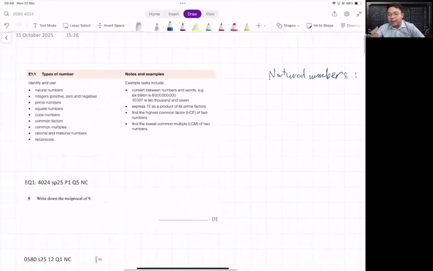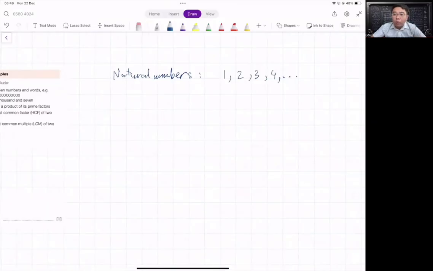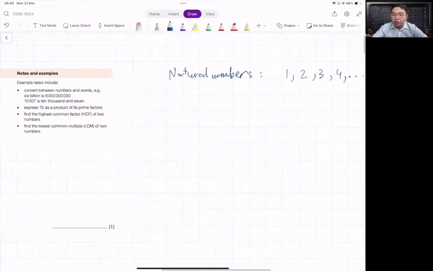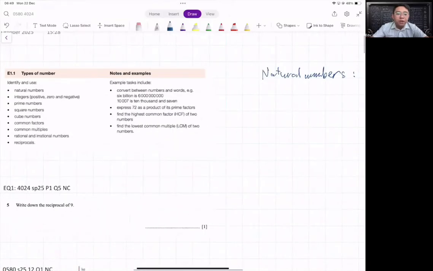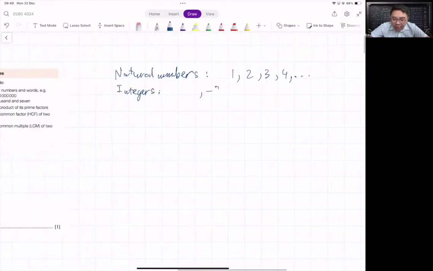Just need to know that when they ask you to list down the natural numbers in this set, you don't go into the integer part, which is integers, which can be -3, -2, -1, 0, 1, 2, 3, so on and so forth.